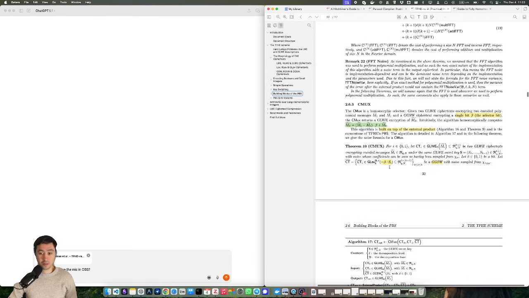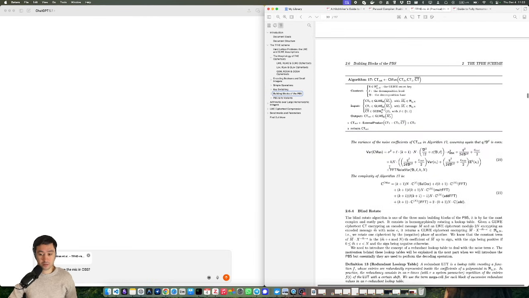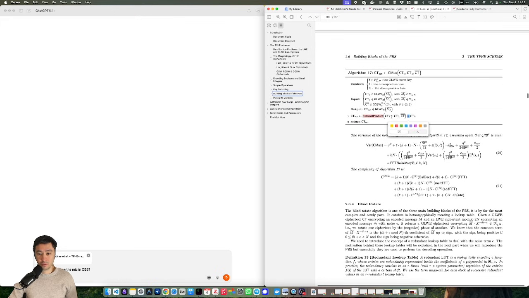Just so easy, right? Like that's the CMUX and that's it. There's nothing else, as long as you understand the external product, right? And we understand the addition, we understand the subtraction. And of course, as you do all these things, you have to track the noise, and how you get this thing.